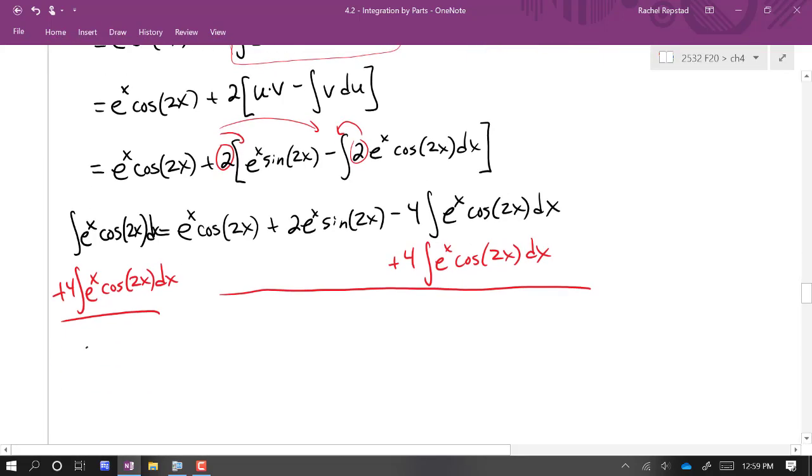So we have now 5 times the integral e to the x times cosine 2x dx is equal to e to the x cosine 2x plus 2 e to the x sine 2x.